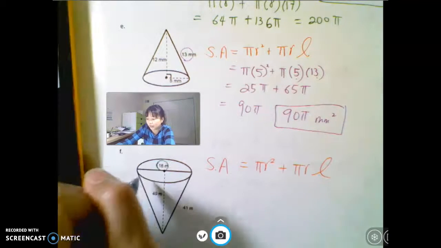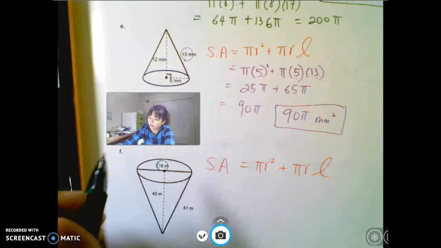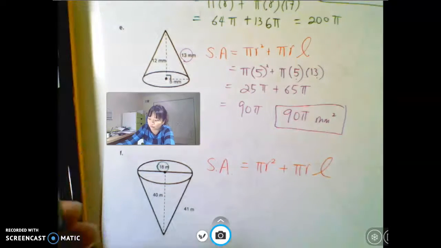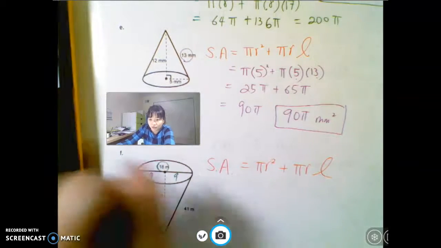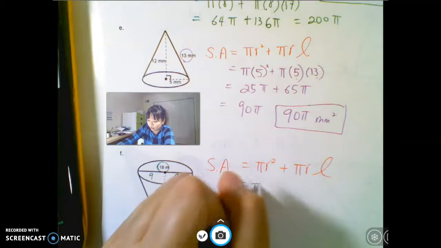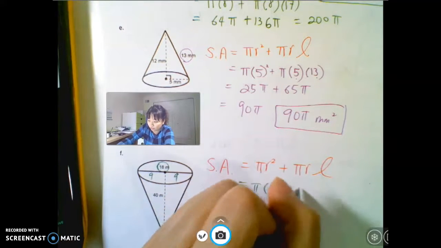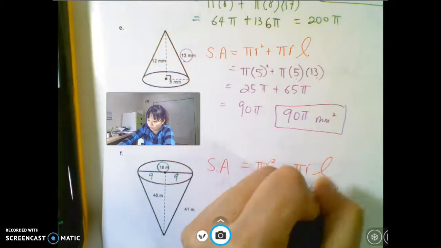Yep, look at that. 18 is not the radius. So especially for anything to do with a circle, you've got to be careful. The radius is half of it, not the entire distance across, which is the diameter. So the radius is 9. So that'll be pi times 9 squared plus pi times 9 times slant height, 41.